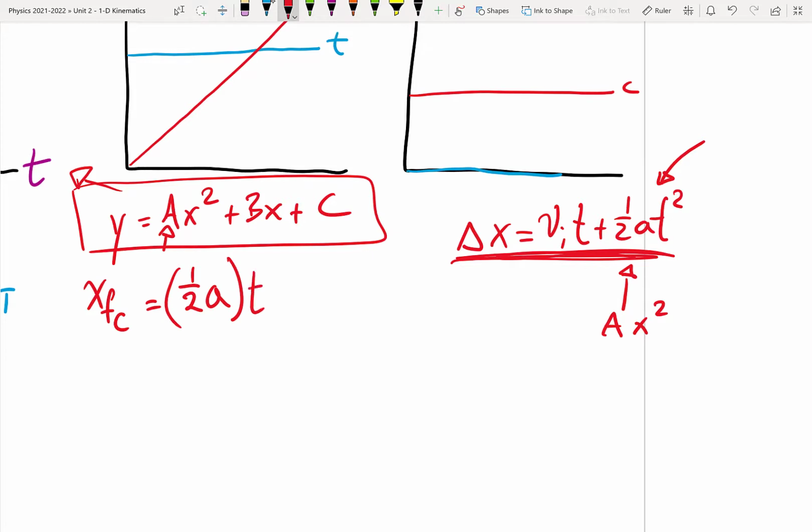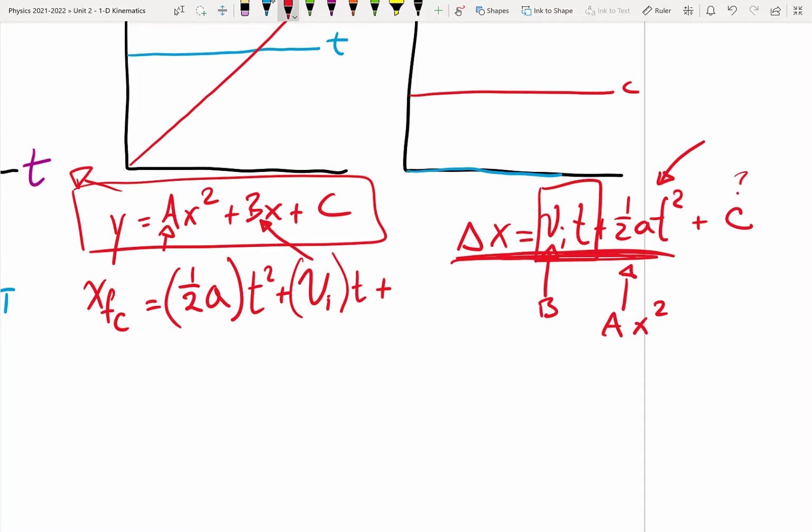So here's 1/2 at squared plus bx, which would be like initial velocity times time. So initial velocity is the b parameter. So here's vi, draw an arrow over to the b, times time. And the c, where does the c go? I don't see where c would be over here.